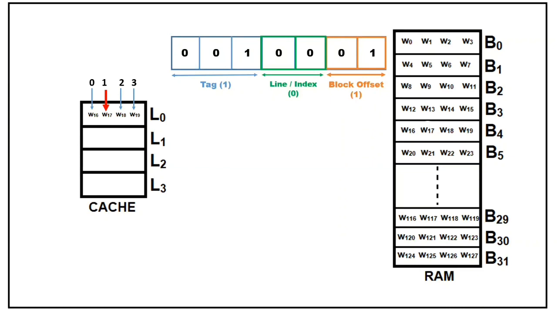The red arrow denotes that W17 has block offset 1, so it also matches the block offset of the address. So here we can see how direct mapping works, how the processor produces an address, and how a block comes inside the cache from the RAM.